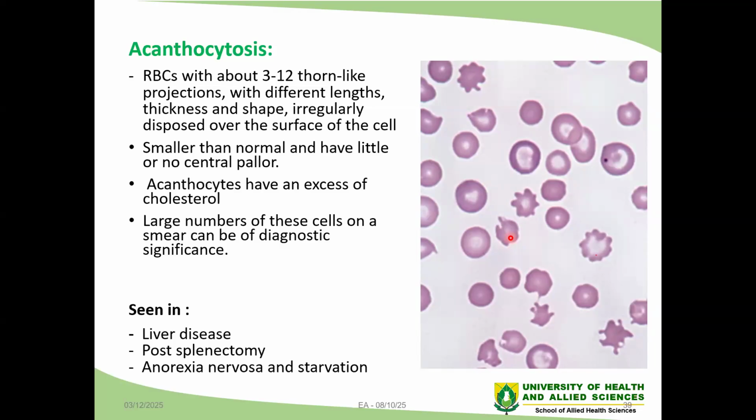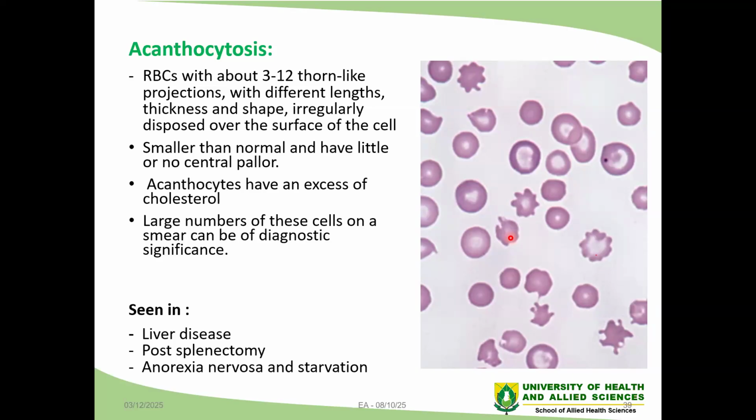But in between, the hydrophobic tails of the phospholipids point towards the inner part of the membrane. And within the inner part of the membrane is cholesterol. So when there is an excess of this cholesterol in the red cell membrane, it leads to the formation of these acanthocytes.